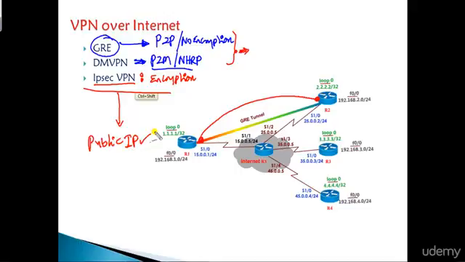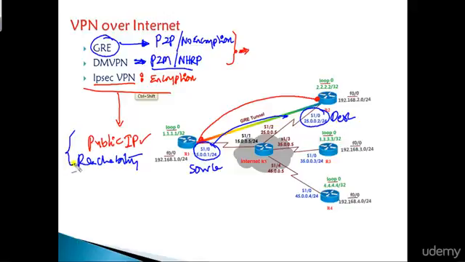One important thing you need to know is that we must have registered public IP addresses on both sites so that they can identify each other, and you must have reachability between them in order to build your VPN connections over the internet. This means we need a source and a destination, and we need to ensure they are reachable between each other.